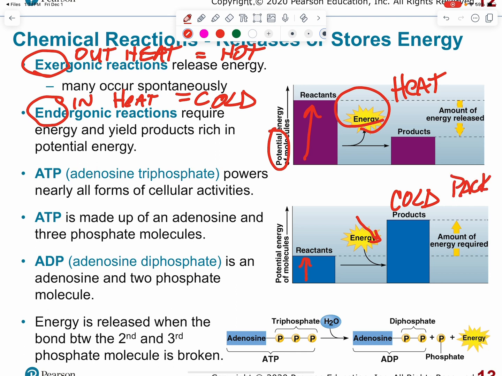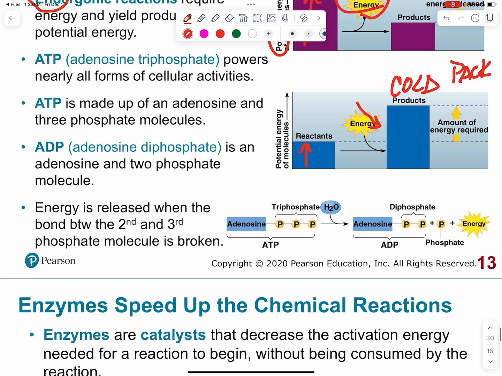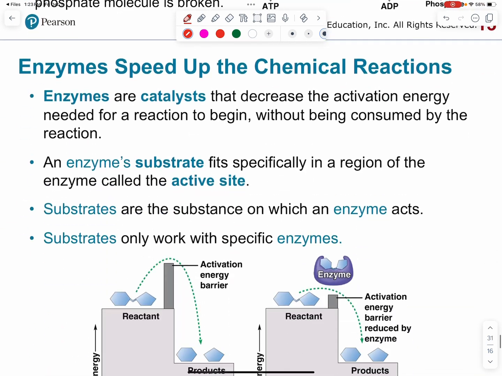I'm going to show that in class. You've seen these cold packs for emergencies, right? They're not cold until you shake them and get the reactants reacting together, and the heat from the reactants is going to go into the product and store more potential energy in the products, so the environment gets cold. And so that is something that we'll be talking about further.